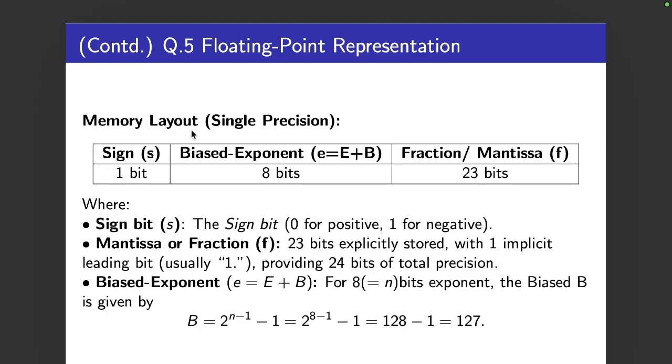So the memory layout: the sign bit s is 1 bit; the biased exponent E equals e plus b, which is 8 bits; and the fraction part is 23 bits. The sign bit is 0 for positive and 1 for negative.